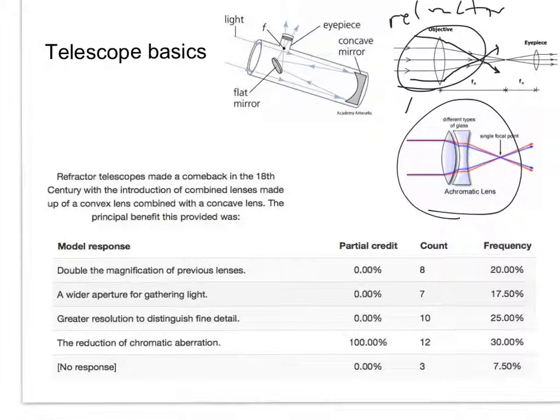So the blue light that's coming from an object is going to be focused at one point, and the red light's going to be focused at a different focal length, and you can't get all those colors to come in. So when you're looking at an object through the lens, if there's bad chromatic aberration, you're going to see things in the telescope, but it's going to have all these rainbows of colors around because different colors are being focused at different depths.